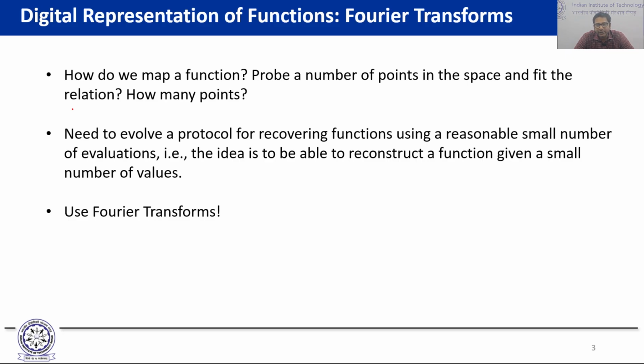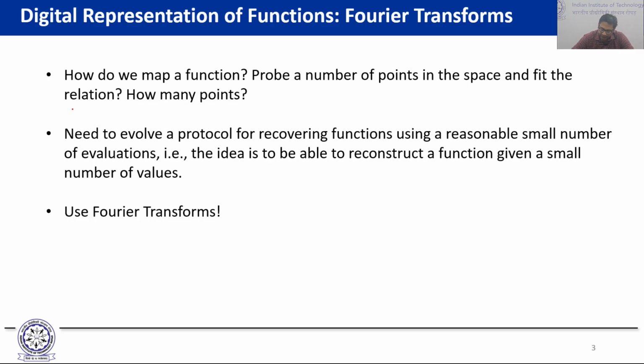So when you are trying to expand something in terms of Fourier series, as you know, you could have infinite coefficients, but we will not actually want to work with infinite number of coefficients. The entire idea that we are proceeding with is we have to be able to reconstruct the function given a fairly small number of values.